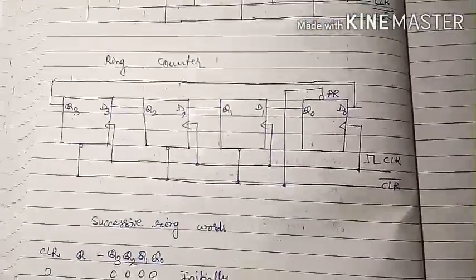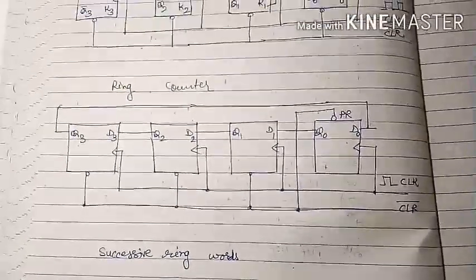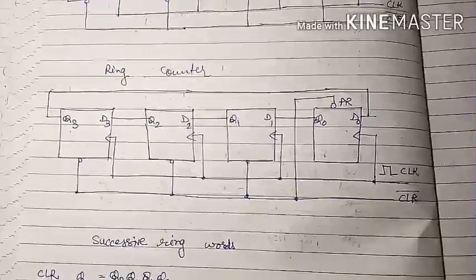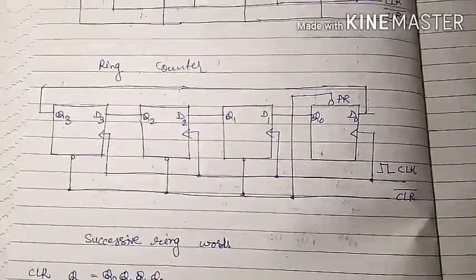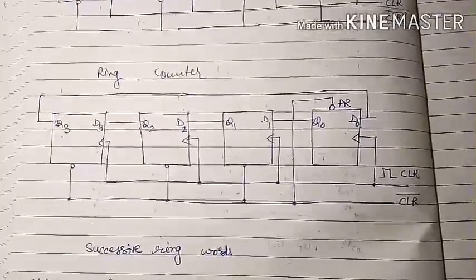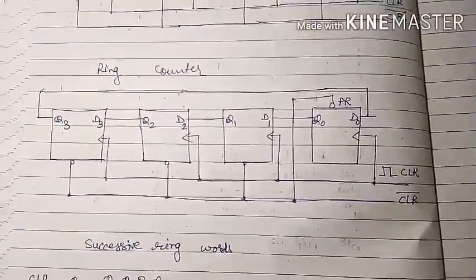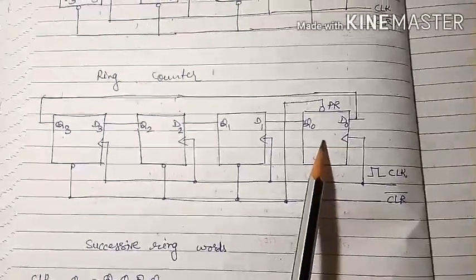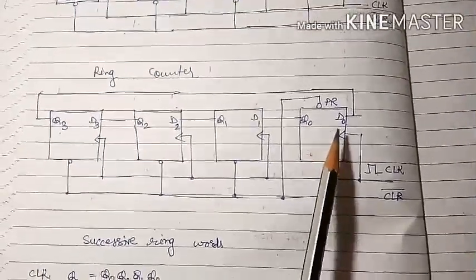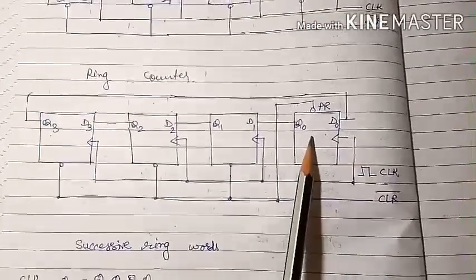You can see the diagram of a ring counter. The propagation of the carry occurs just like in a ring. So you can see the arrangement here. We have used 4 flip-flops. We are designing a 4-bit ring counter, so we have used D flip-flops.